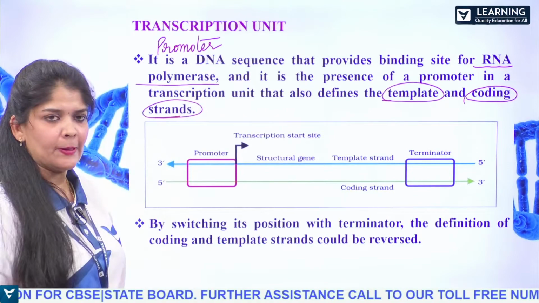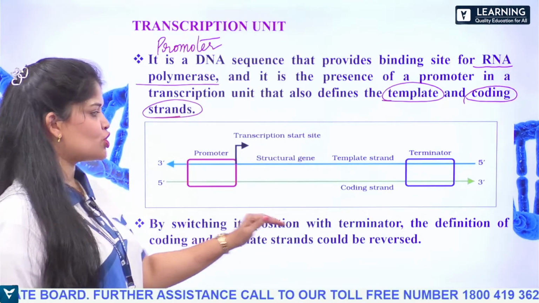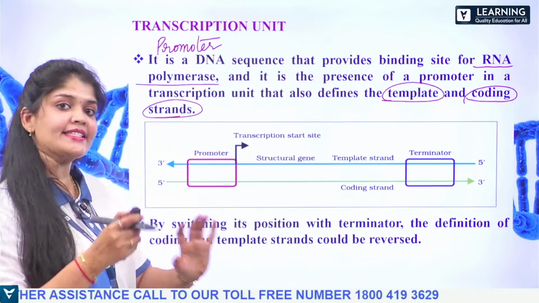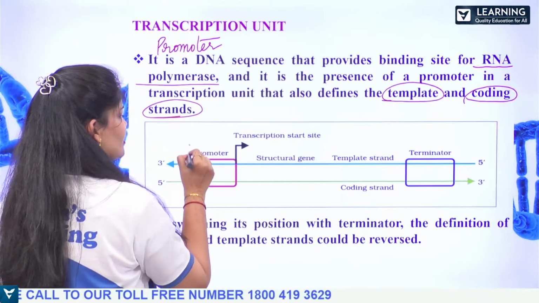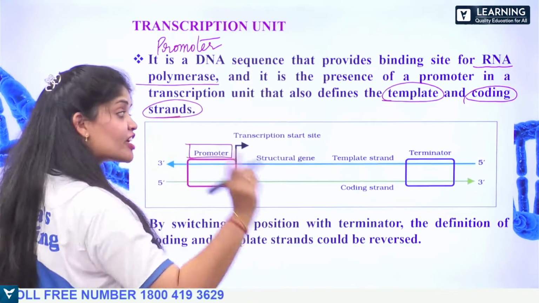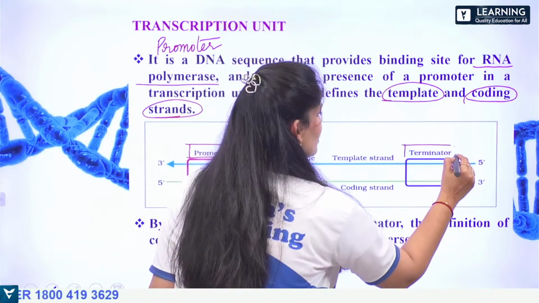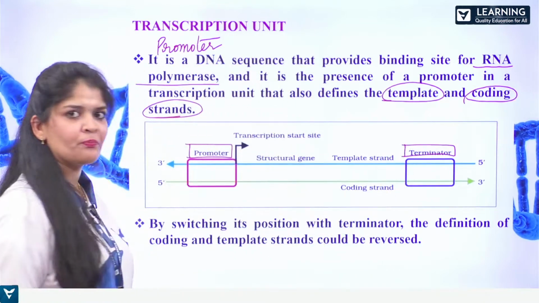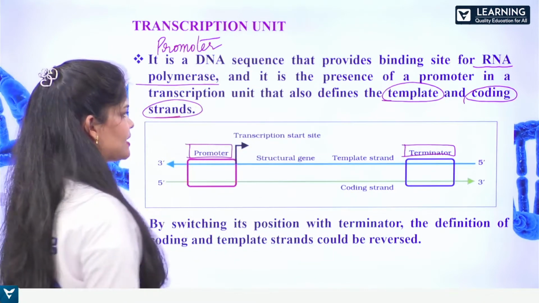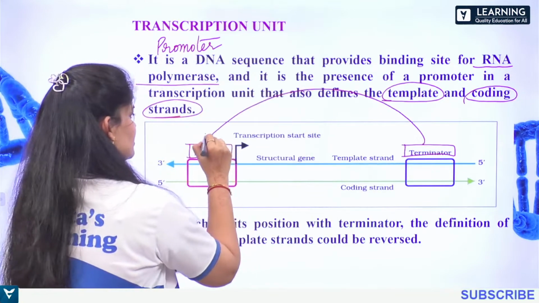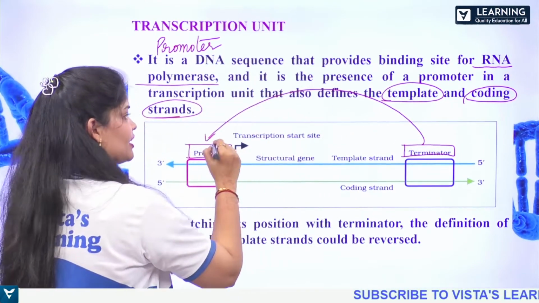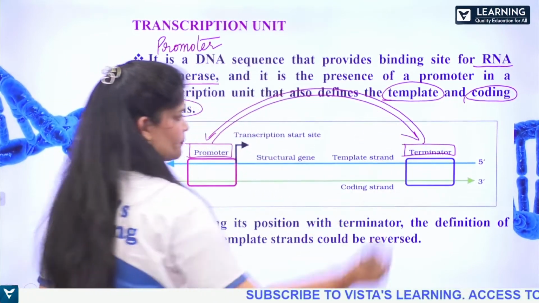Here, by switching its position with the terminator, where we have the promoter here and the terminator here, what they are mentioning is swapping or exchanging: take the promoter here, take the terminator here, and send the promoter there.